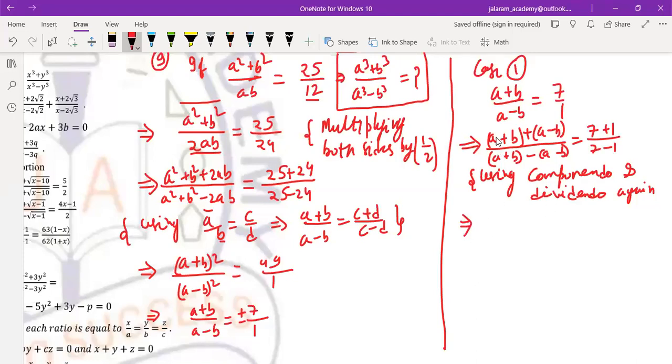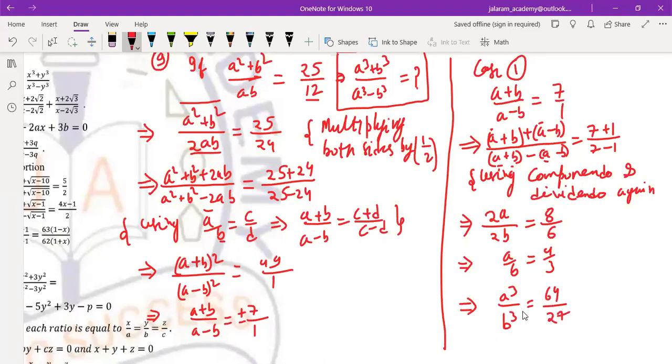It implies a plus a, 2a, b cancelled out, over the denominator a minus a cancelled out, b minus minus b, 2b, equals 7 plus 1, 8, over 7 minus 1, 6. 2 cancelled out. It implies a by b equals 4 by 3. As we have to bring a cube plus b cube, cubing both sides, we get a cube by b cube equals 4 cube upon 3 cube, that is 64 by 27.